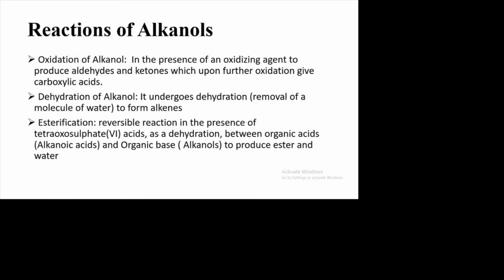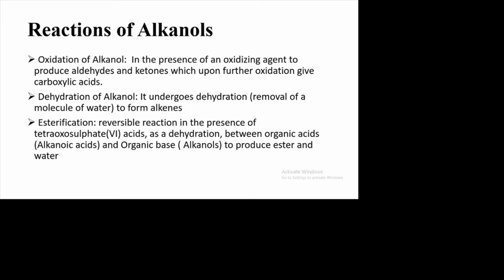Now, what are the reactions? There are several common reactions of alkanols, but these are three major ones. Number one is oxidation of alkanol. Since we have seen the types of alkanols, alkanol is divided into three classes. Each of these classes can undergo oxidation, but not all.